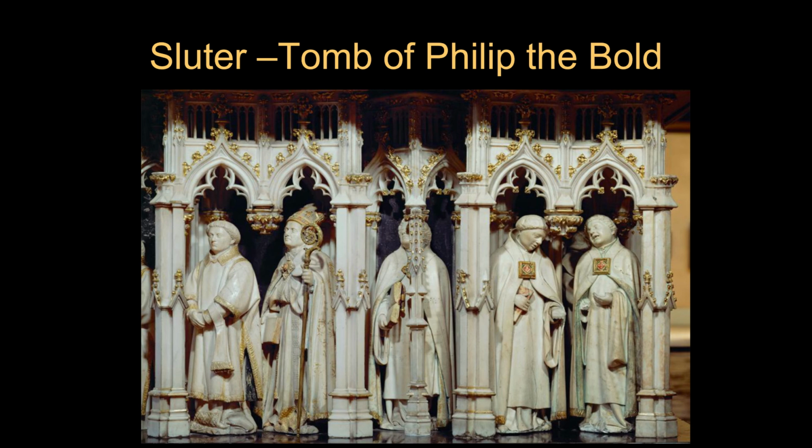There was a procession at the funeral of Philip the Bold that took place when he was first buried in 1404. And the Carthusians would have processed. So some people say this reflects the actual funeral procession. And they're in mourning. You can see some of them have their eyes downcast. Some are actually with their mouth open and crying.